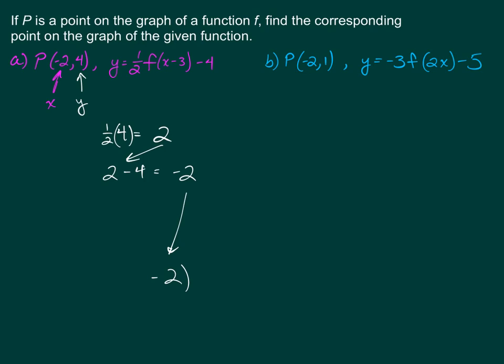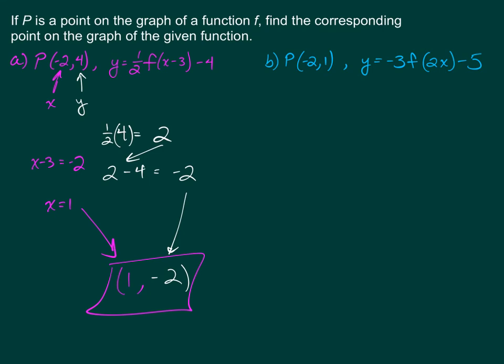So what's inside the function over here is x minus 3, and we want that to equal -2. And when you solve for this x, you will get x equals 1. And that is the new x coordinate for the ordered pair.